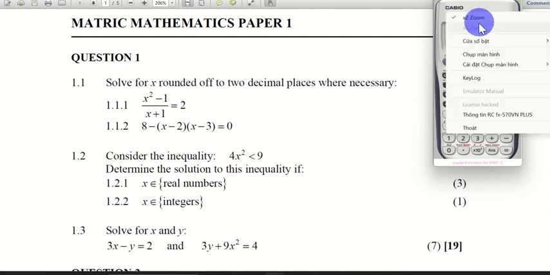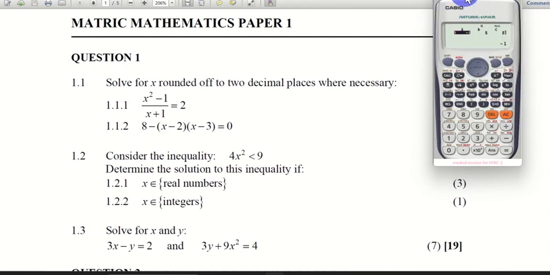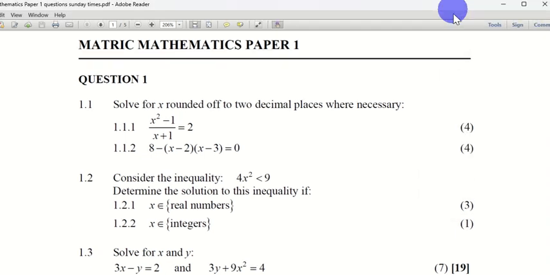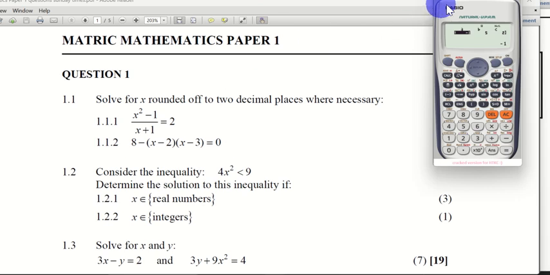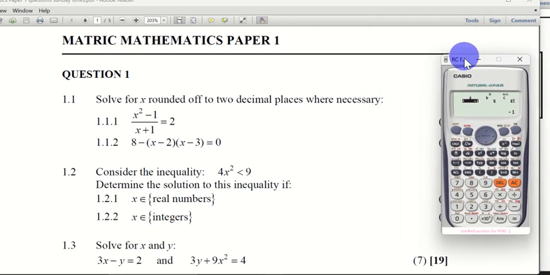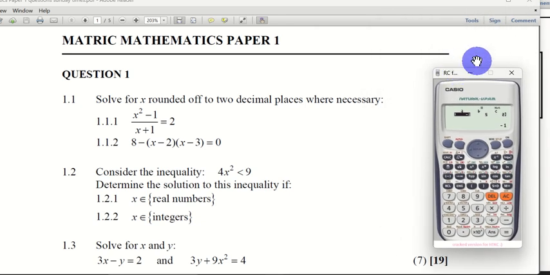The c value is negative 9, yes. What is the b value? 0. No? So that is the important part here.